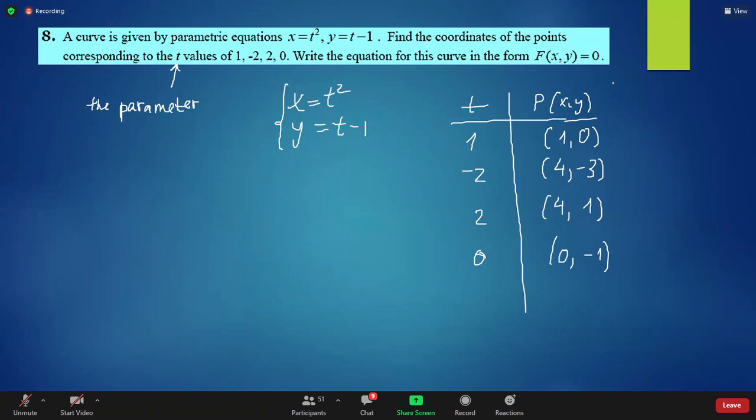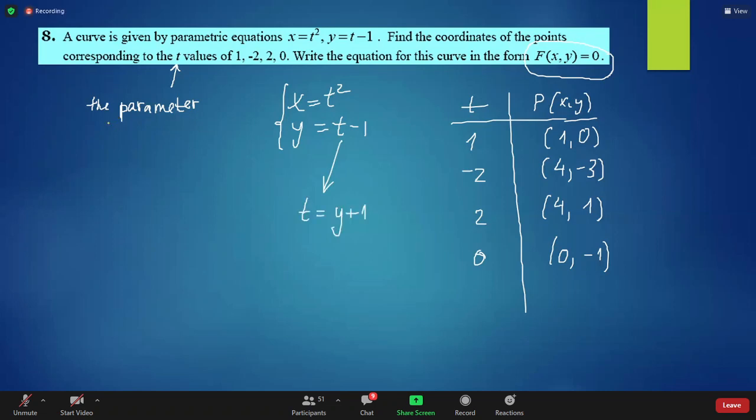And the equation of this curve in the classical form, that is, get rid of the parameter. How do we get rid of the parameter? We take the equation which uses the parameter in the simplest form. That is, we could write t equals y plus 1 and simply put it into the first equation.